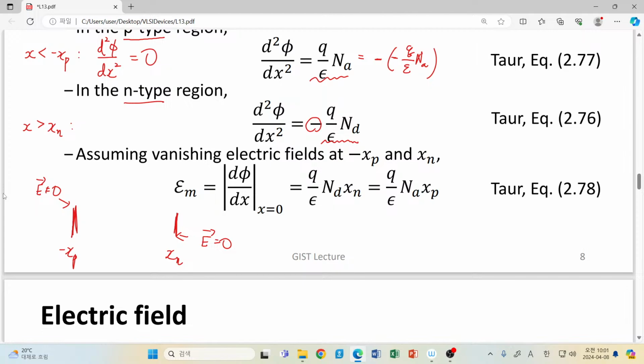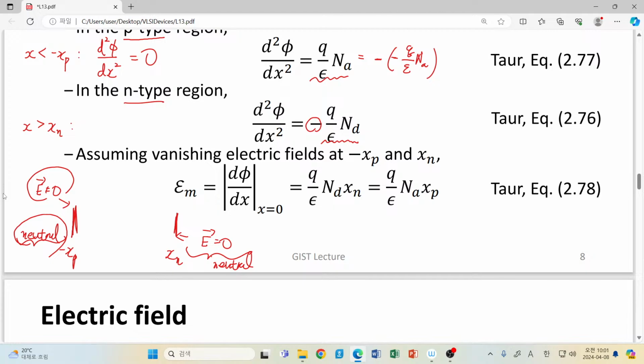Then what will happen? Here we have a neutral region, and here we have a neutral region. Simply speaking, if we have a non-zero electric field, and if this is really neutral, then we cannot change the electric field in this region.